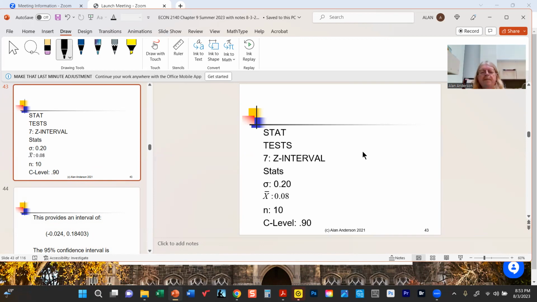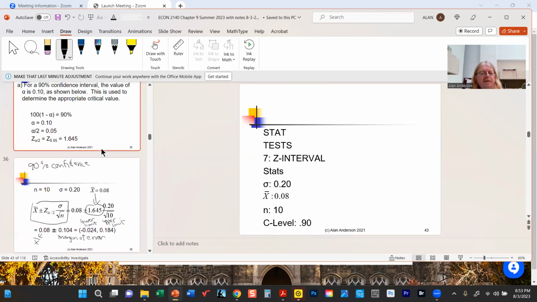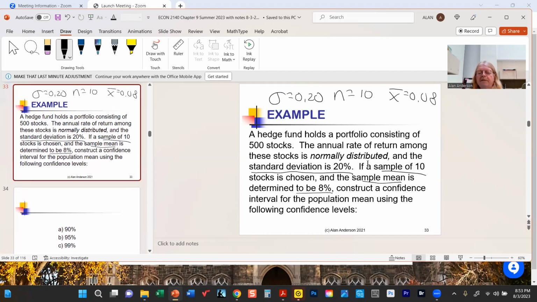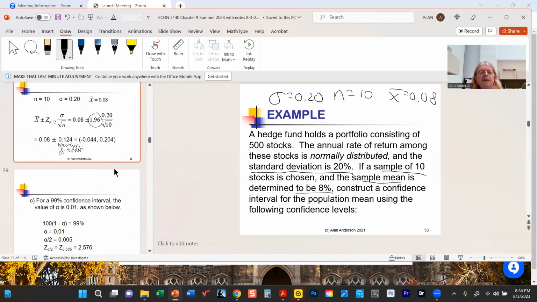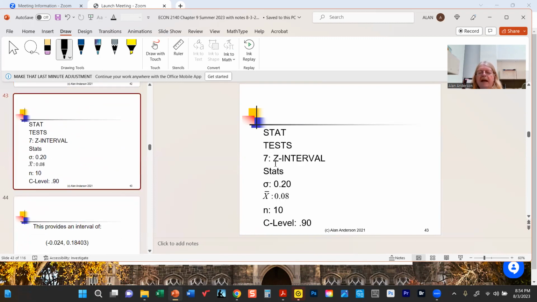When you choose it, pick the stats menu unless you have the original data, like, for example, here with this case of the stocks, unless you actually have the returns to the individual 10 stocks, which you would put in the lists. Instead, you're going to use stats.